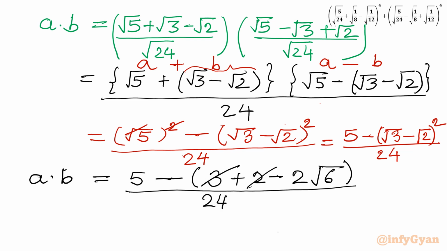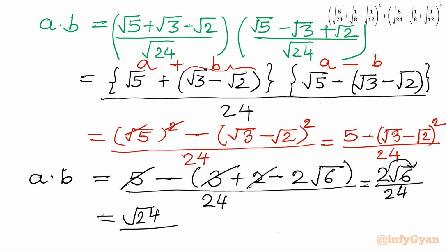Now this is plus 5 with a minus sign, so minus 5 and plus 5 will cancel. What will I have after that? It is 2 root 6 over 24. And if I take 2 into the square root, then it is square root 24 over 24, which will be equal to 1 over square root 24. So we have calculated A times B. It is 1 over root 24.